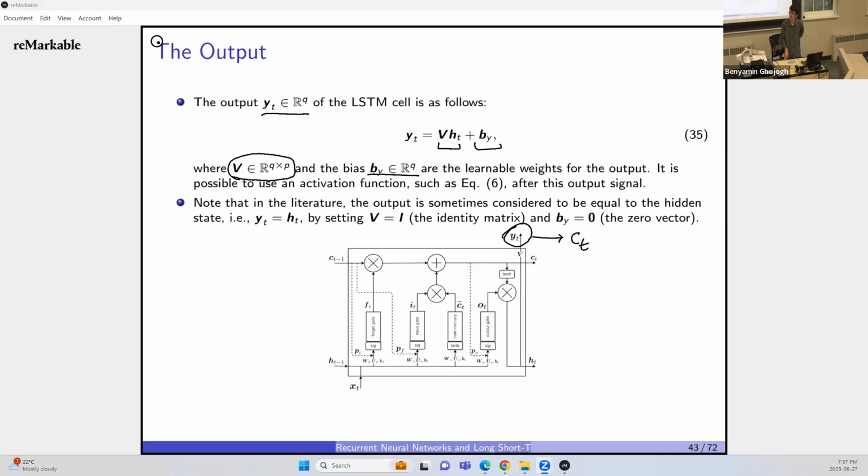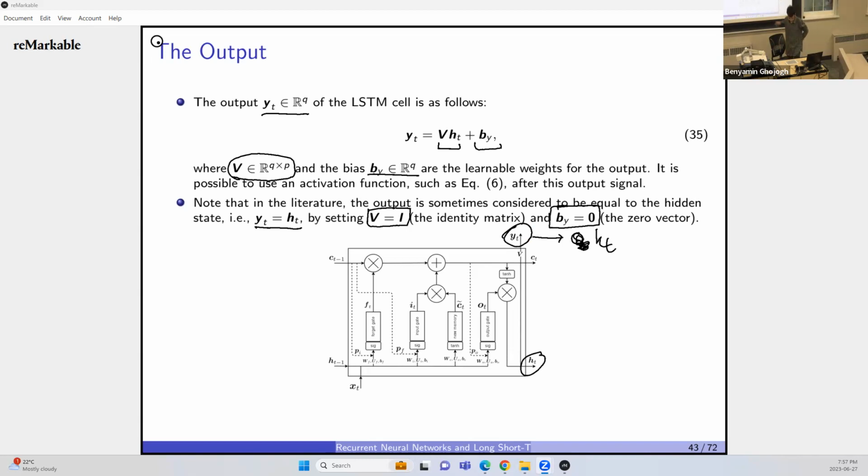Do you know why? They don't write any YT. So they consider HT to be the output because they are taking V to be the identity matrix and BY to be 0. So YT becomes HT. They also denote the output by HT. So they are simply setting V to be I.